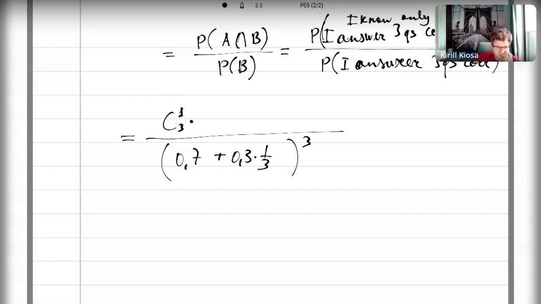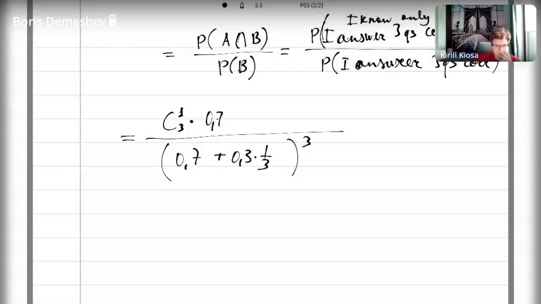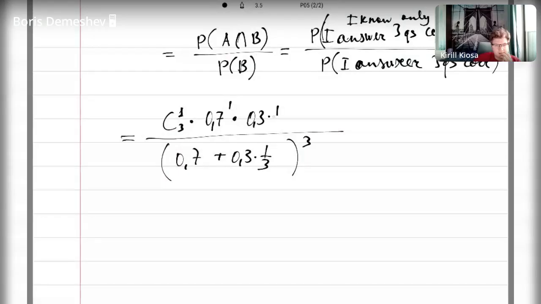There are 3 questions and we know one question. Either that's the first question, the second, or the third, and we multiply. We need to know this question, so it happens with probability 0.7. And we need to be lucky. Hence, we have 0.3 times 1/3 squared.